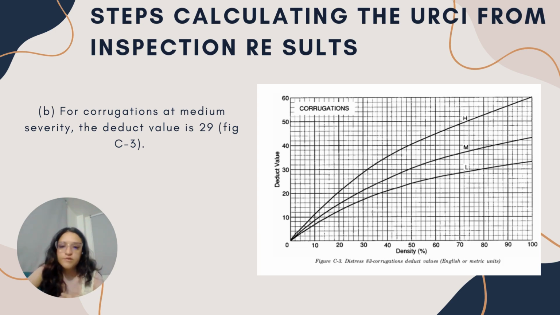For part B, for corrugation at medium severity, the deduct value is 39. So enter the y-axis until you intersect the line M to find the value for the density.